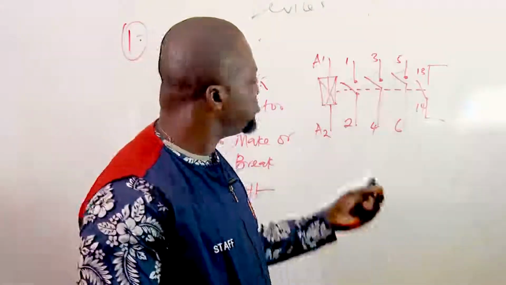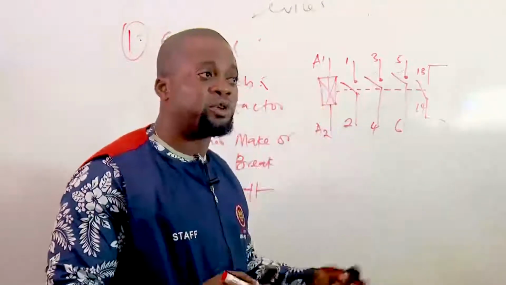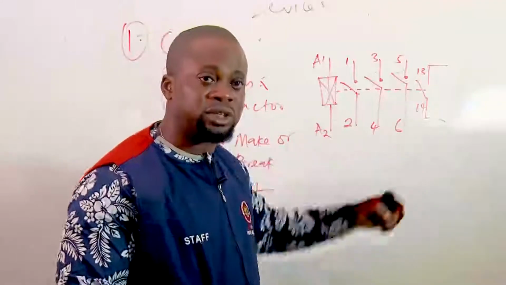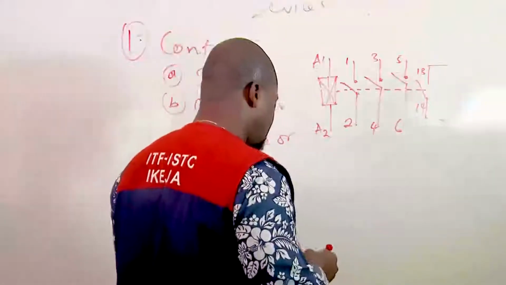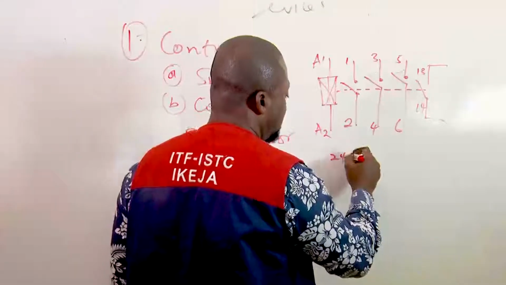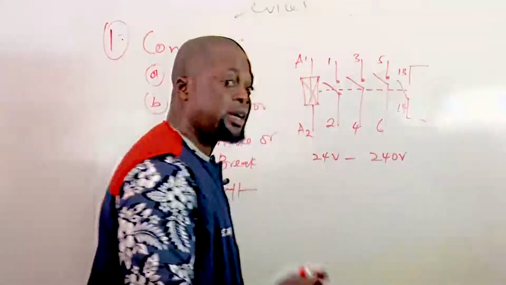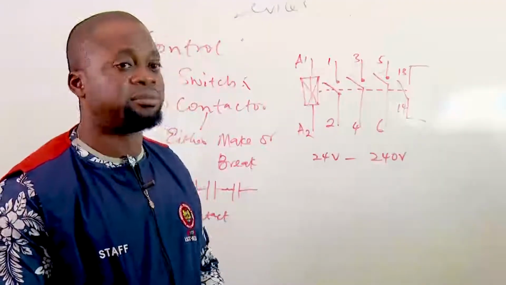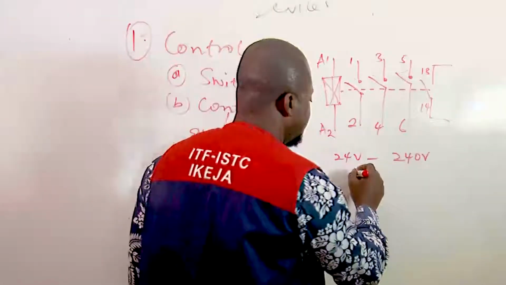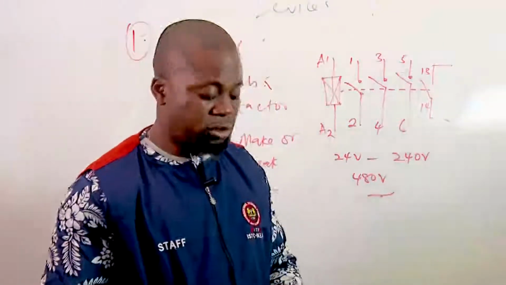Basic problems that the contactor encounters can be in the coil, maybe when the voltage is not enough to power the contactor, because it has different sizes of voltage, from 24 volts to 240 volts supply. Occasionally, you can get 480 volts supply, which it operates on.